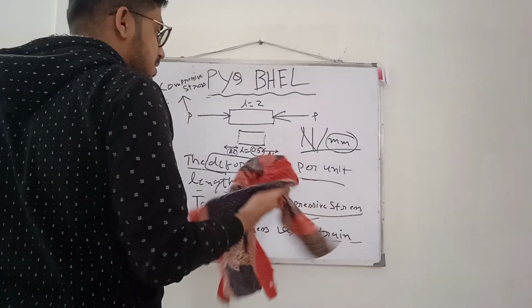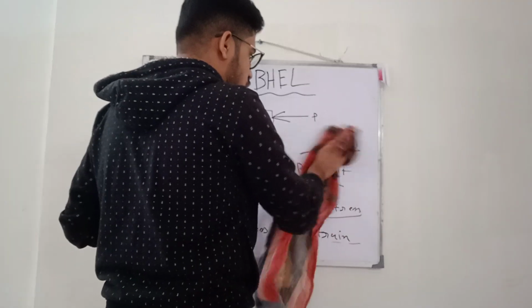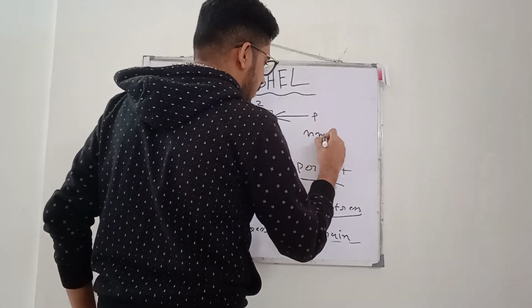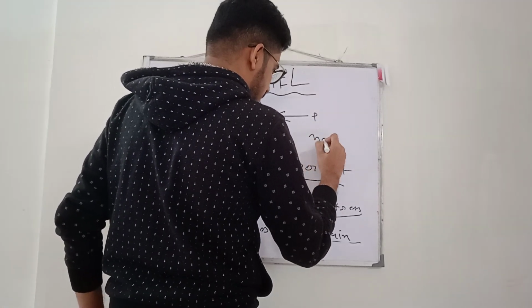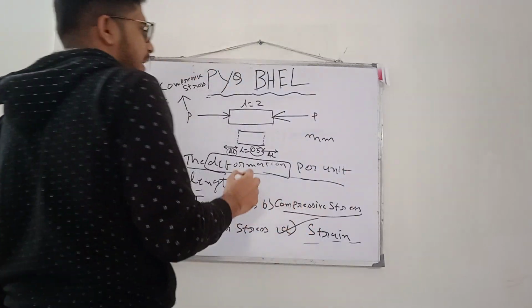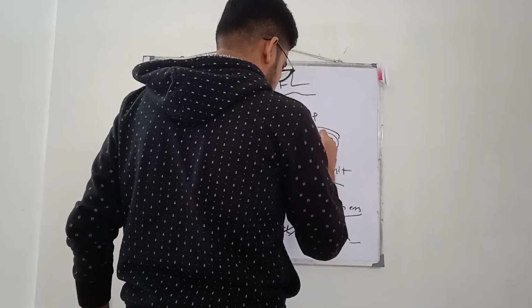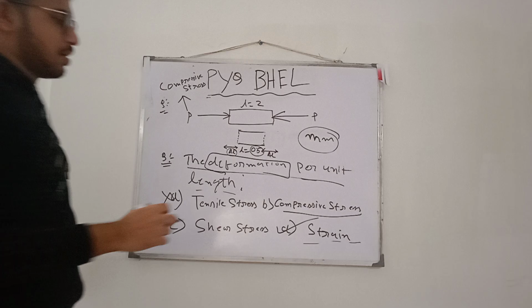Newton per mm square is the unit of stress, but not strain. The unit of strain is simply mm.